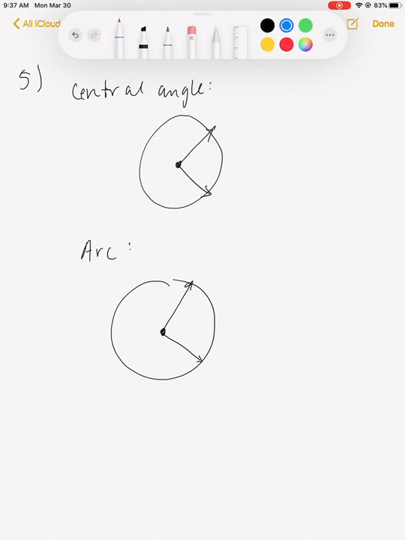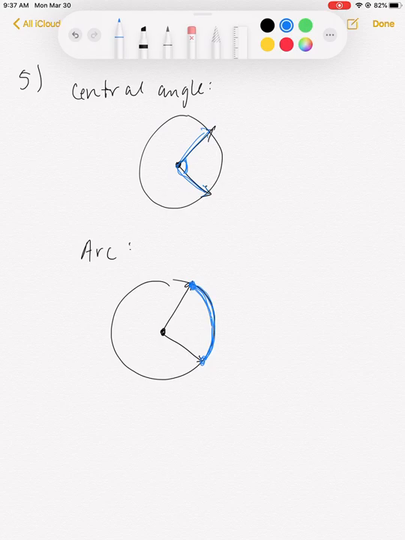So we're going to do this part right here. It's kind of like a little curve. It spans some of the circumference, so that it's not all the way around the circle. And then the central angle is this angle, with its vertex at the center. That's your central angle, and then that's the arc.